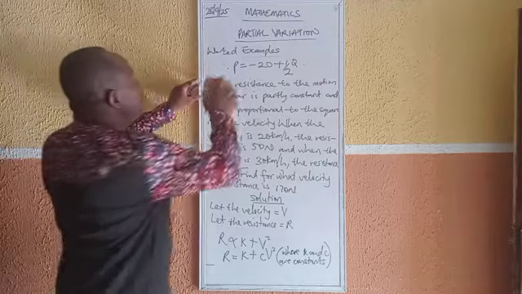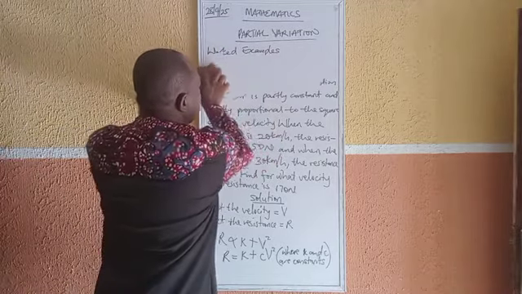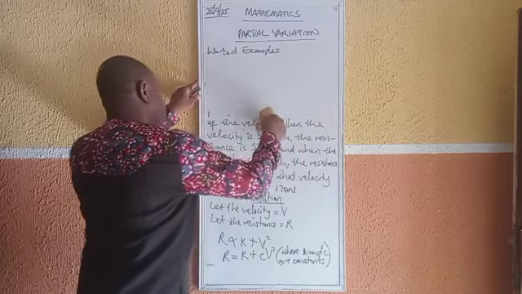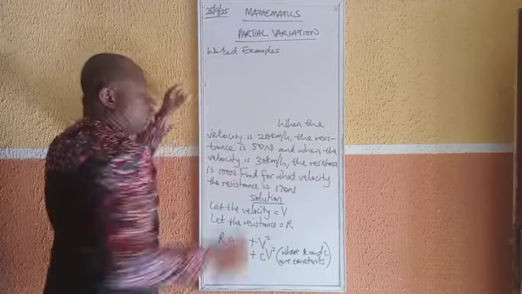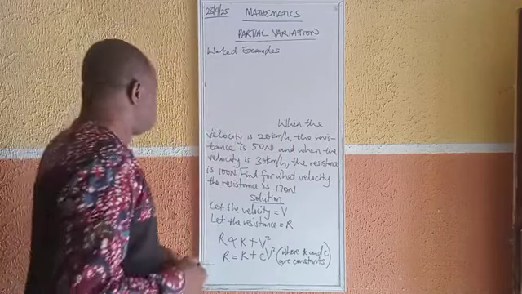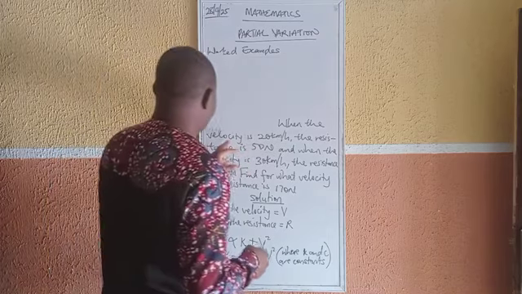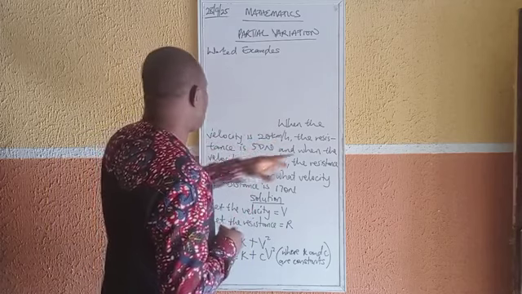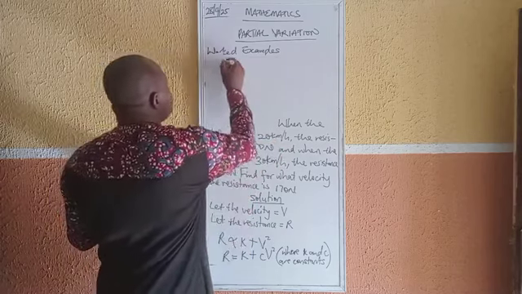So let's go from here now. When velocity is 20 km per hour, resistance is 50 Newton.